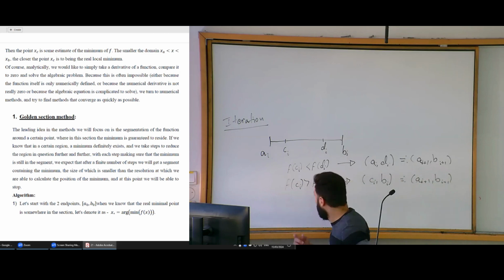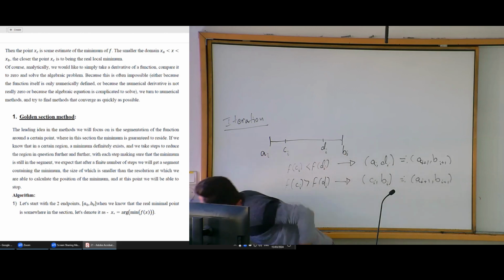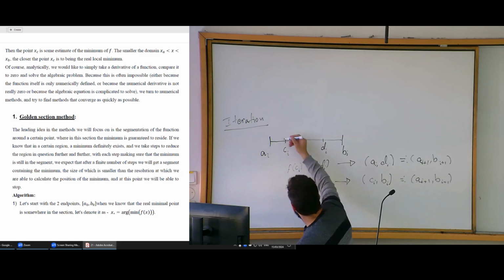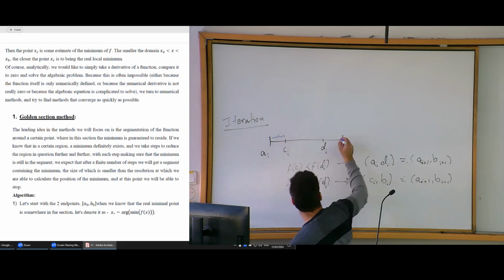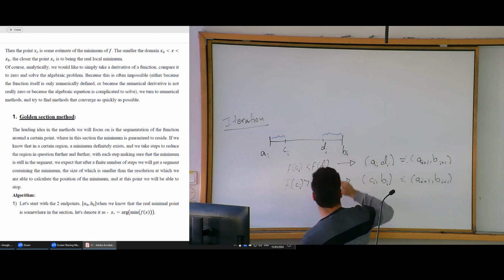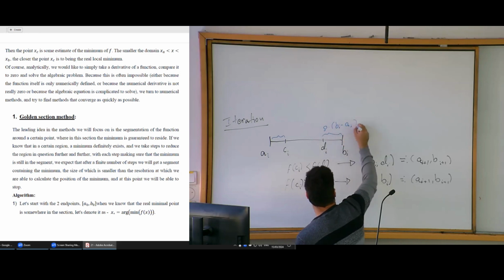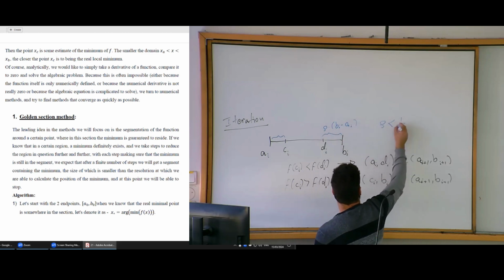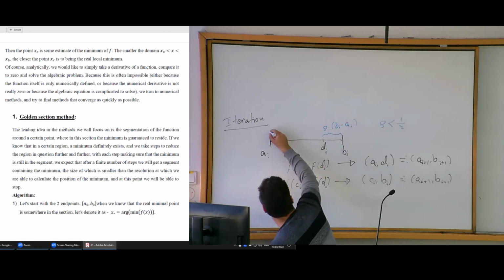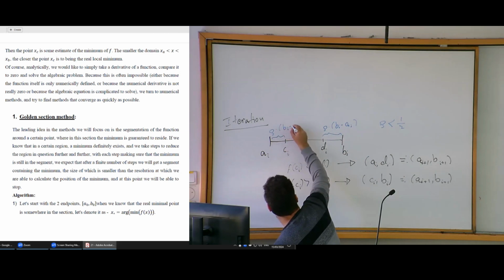So now I will fix the method for getting C and D from A and B: I say that these two lengths are equal, and the length of each is rho multiplied by (b_i minus a_i), where rho is less than half.